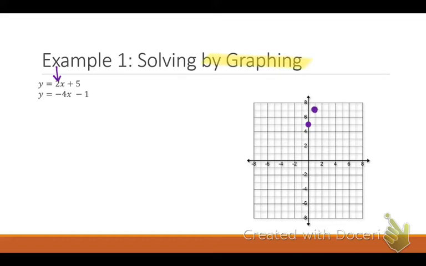Now, with systems, it's going to be really important to use a straight edge to draw your line. And for some of you guys, you've been drawing kind of short lines. I need you to draw a long line, like the length of your badge, through these two points. Draw it as straight as you possibly can.